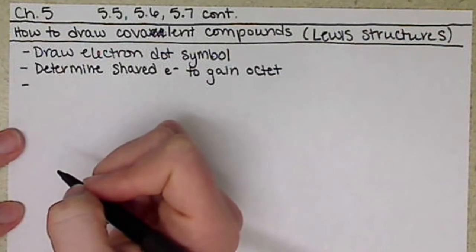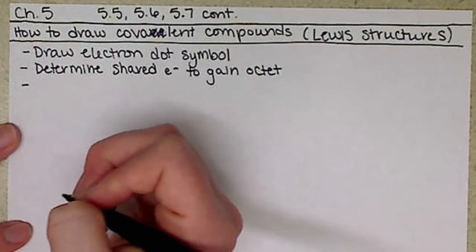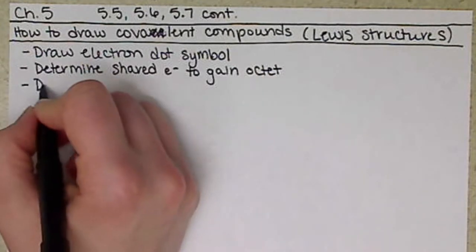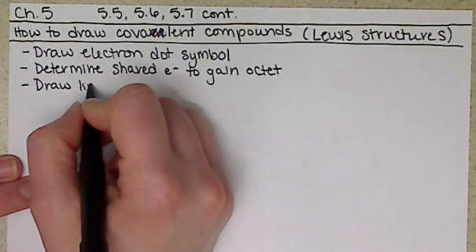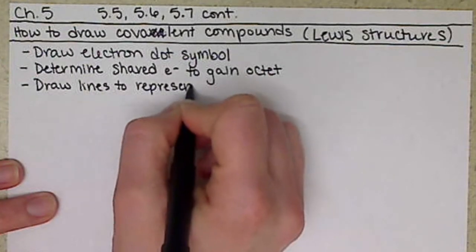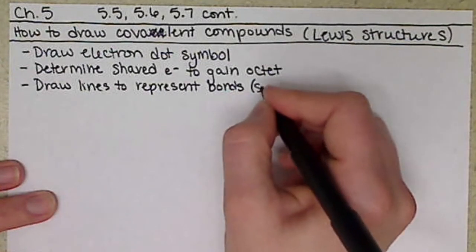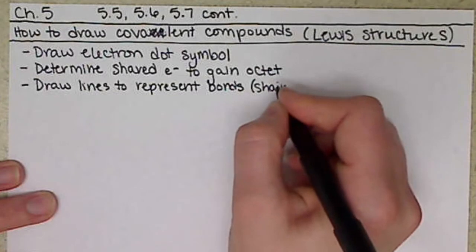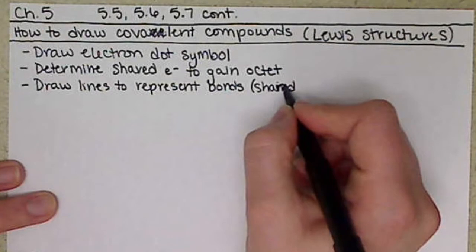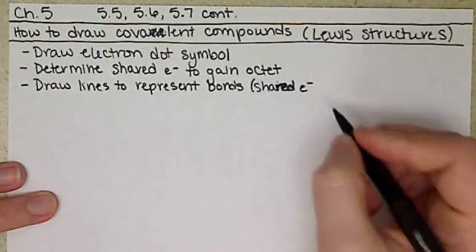Then once we know which electrons we're going to share and how many, we're going to draw lines to represent each shared pair of electrons. Apparently I can't spell today. Shared electrons.